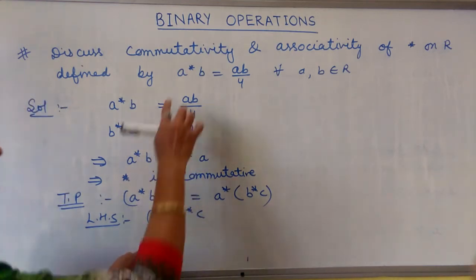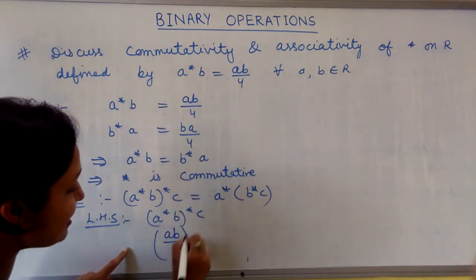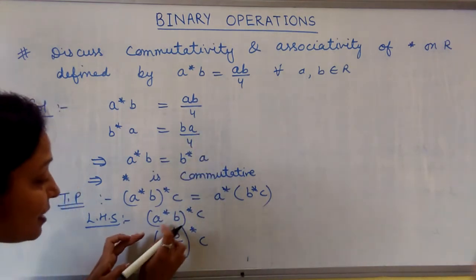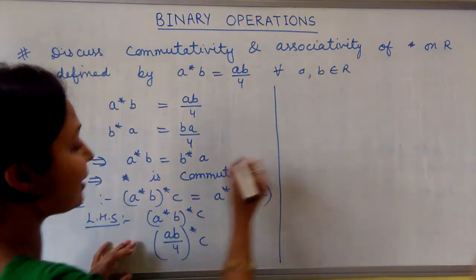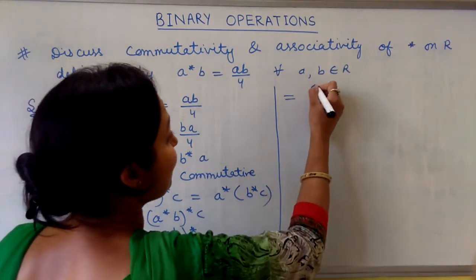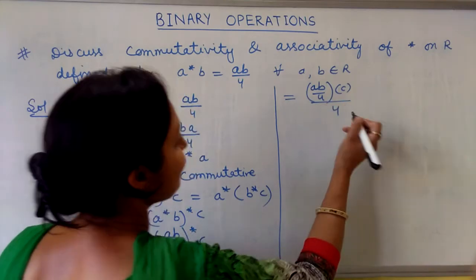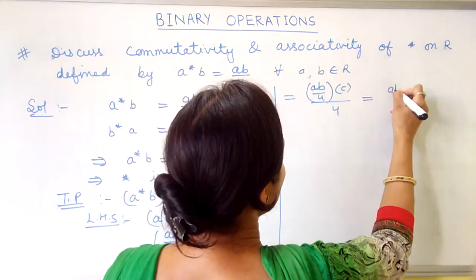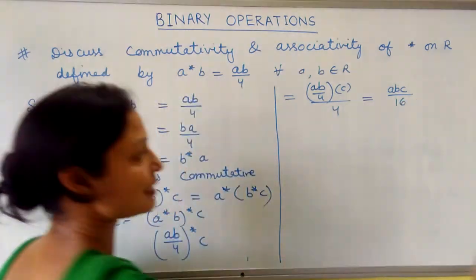First, ab divided by 4 star c. Now this whole term behaves like a. So this equals ab divided by 4 into c divided by 4, that equals abc upon 4 times 4, which is 16.